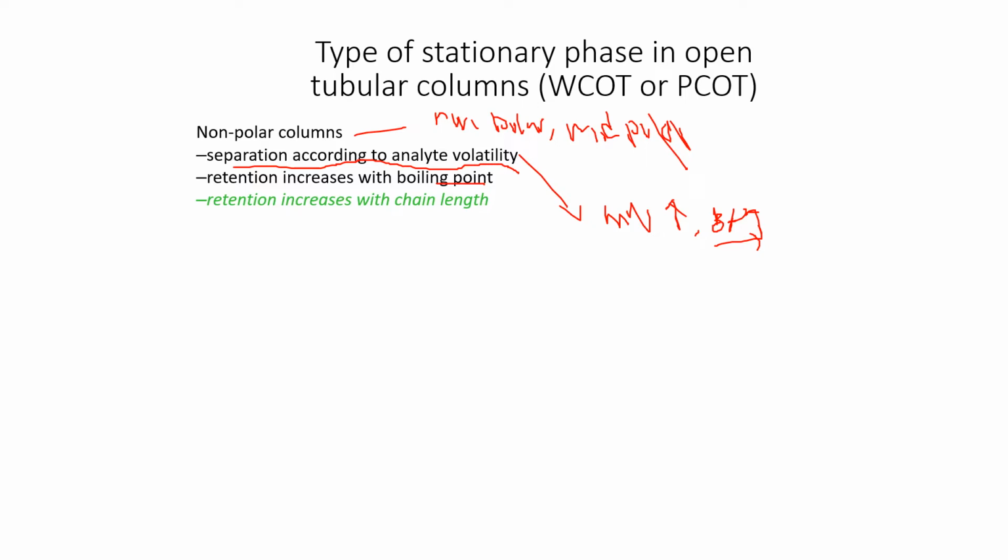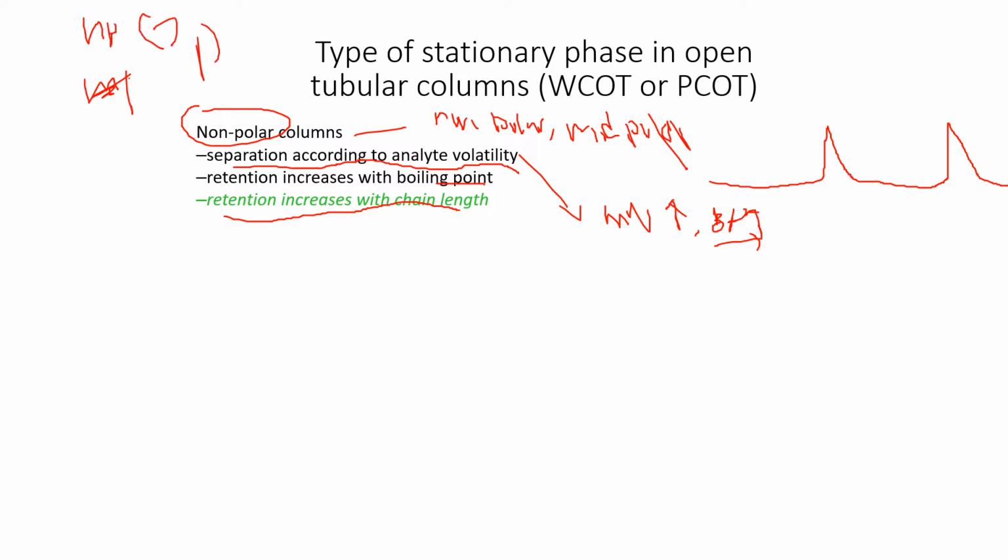The retention increases with chain length, meaning that in a chromatogram, the retention for the non-polar one is longer. Why? Because remember the interaction in chromatography is that non-polar loves non-polar, and polar loves polar.